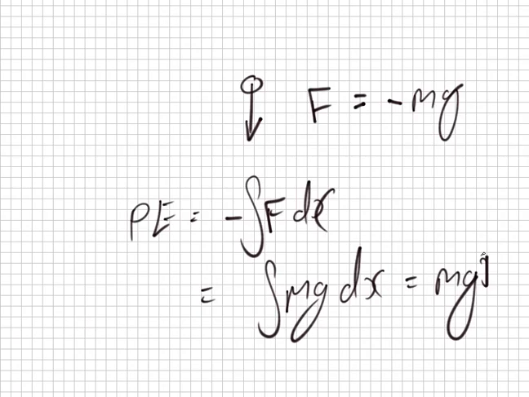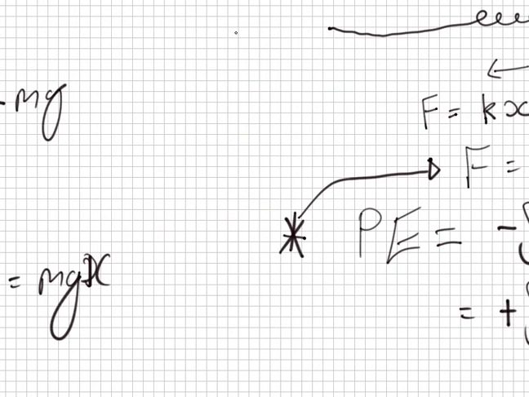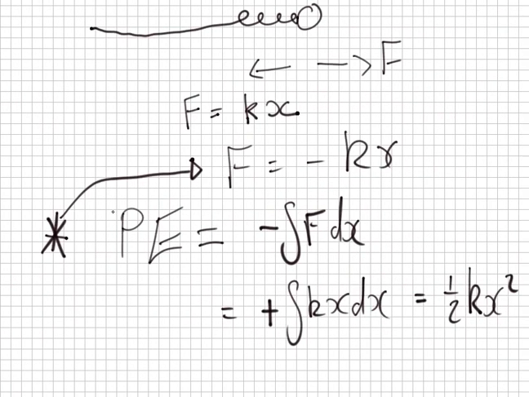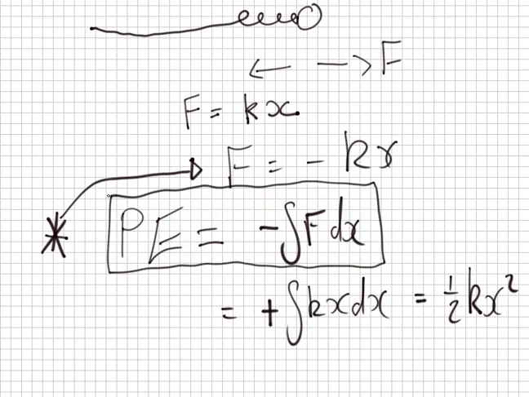And in this one, what does the x represent? It's like the height. So the point is, you can actually use this to get the potential energy from the force. A useful little trick.